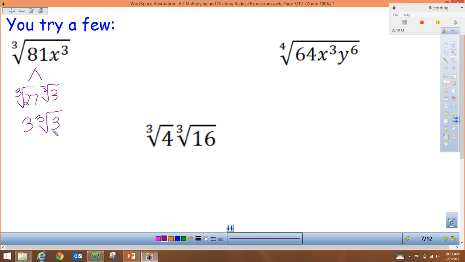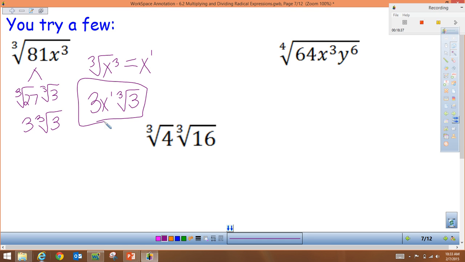Okay, and then this x cubed, cubed root of x cubed, whoops, not the cubed root of 3, excuse me. Those 3's can just divide out and equal x, or x to the 1st. Right, so we get 3x to the 1st times the cubed root of 3 in simplest form. Good job if you got that one right.